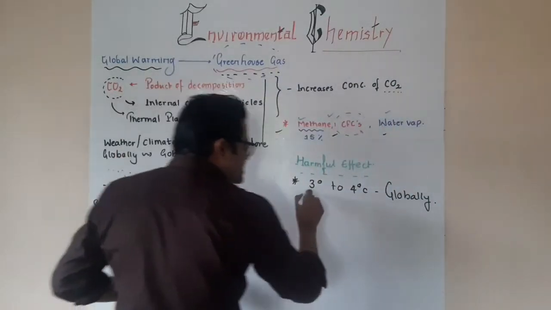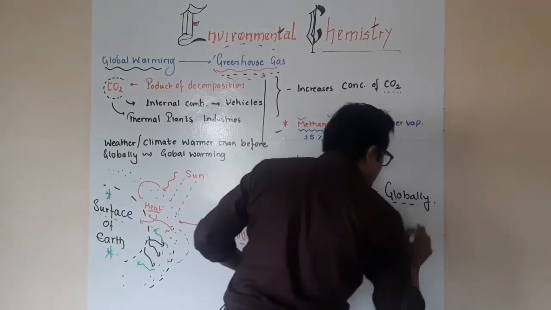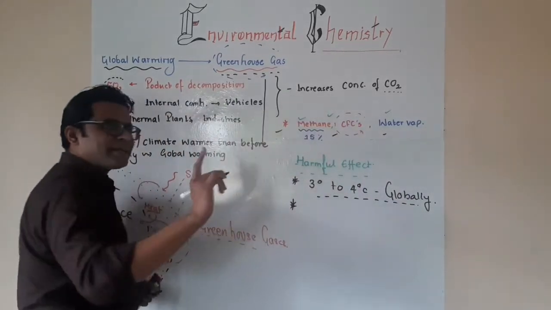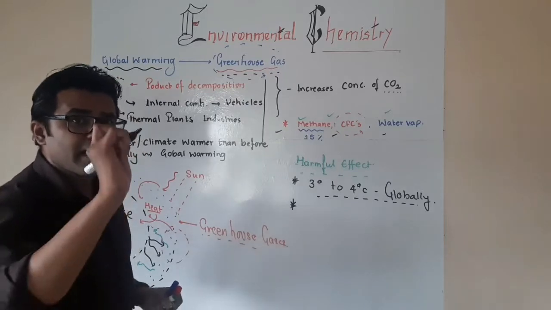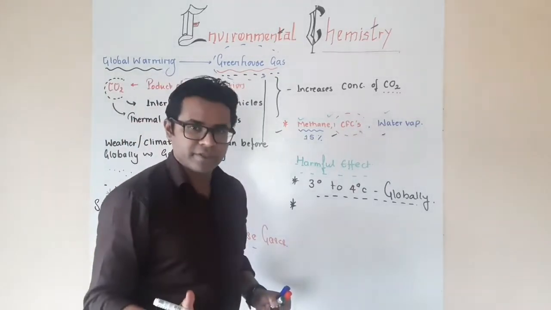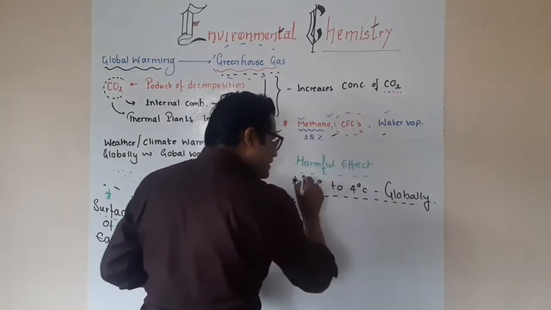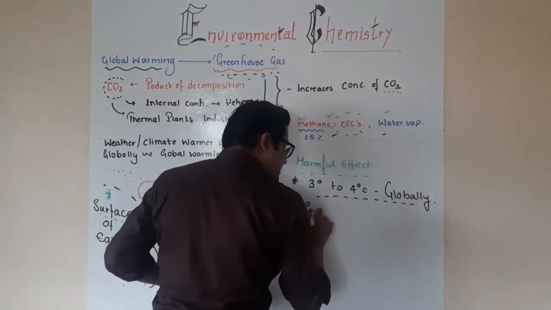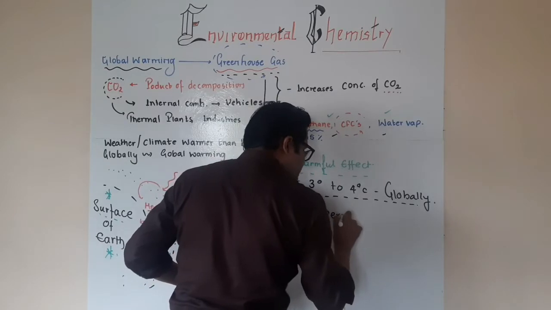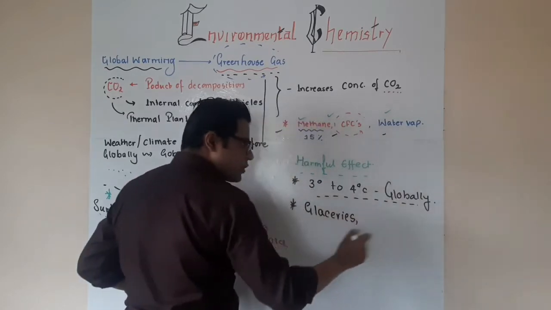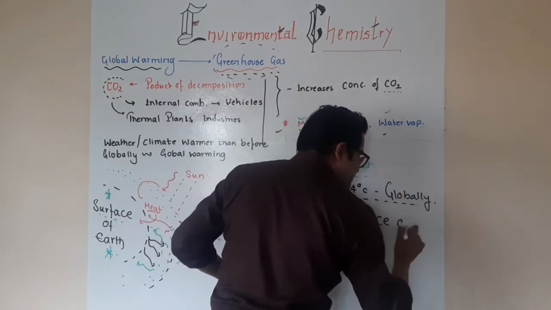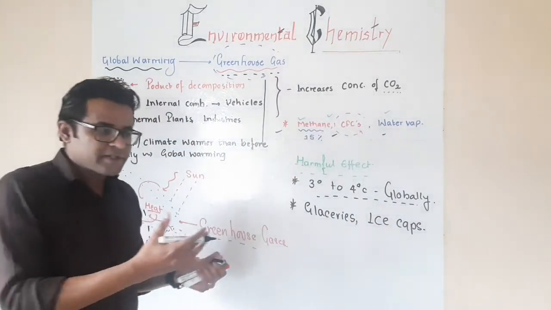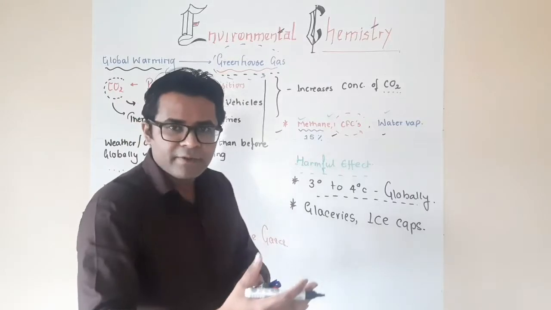This increase in temperature globally has a direct relationship with melting the glaciers. If the temperature increases by 3 to 4 degrees globally, the effect is seen on the glaciers and the ice caps present in Antarctica and the Greenland region.